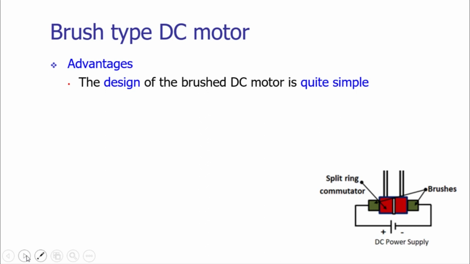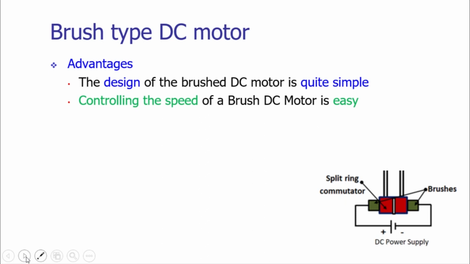In real DC motors, there are a number of windings, a number of coils on the armature. We can easily control the speed of the brush type DC motor. Since the construction and the design is simple, these types of motors are very cost effective, they are economical, and we can easily afford them.